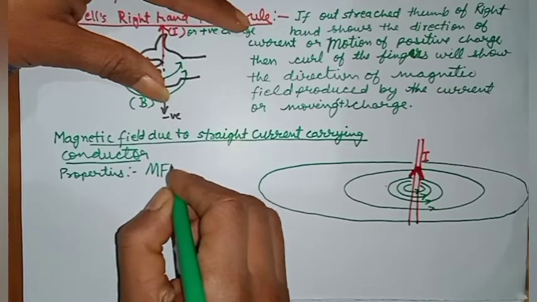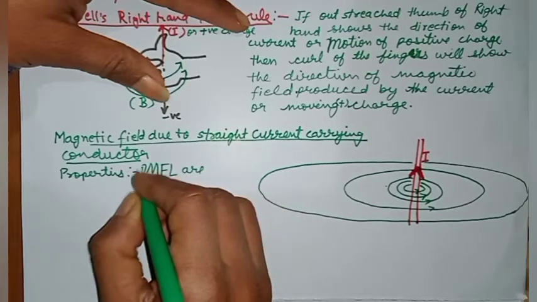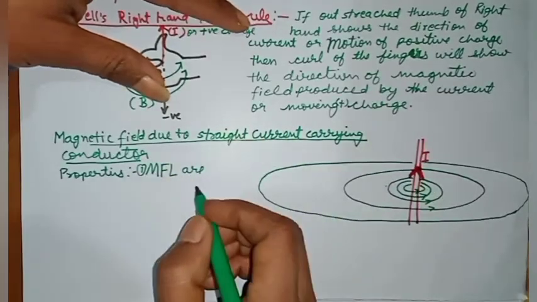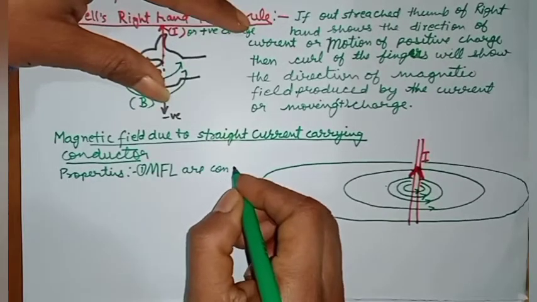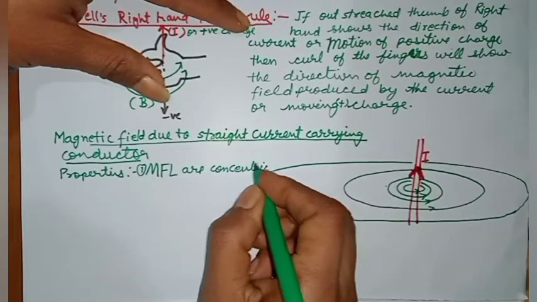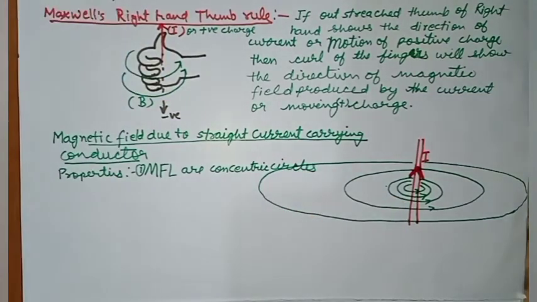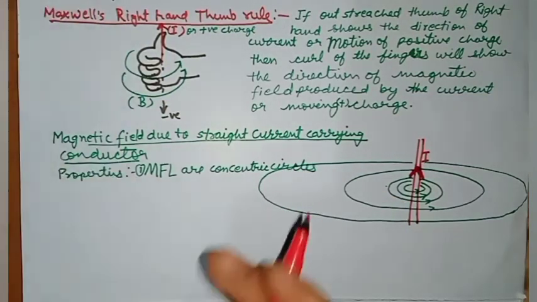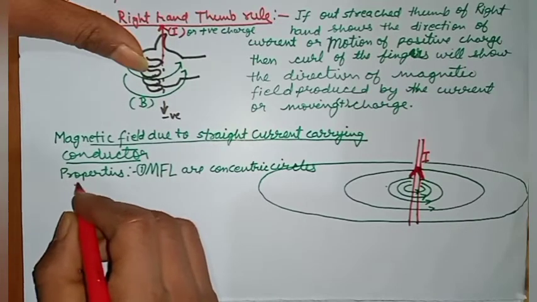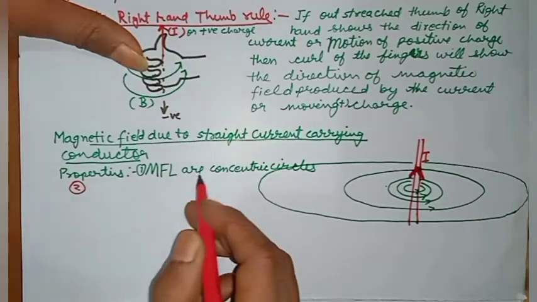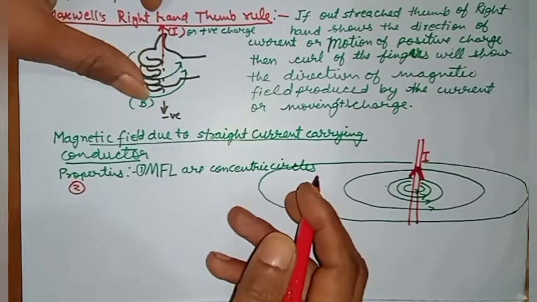The magnetic field lines produced by this straight conductor are concentric circles.